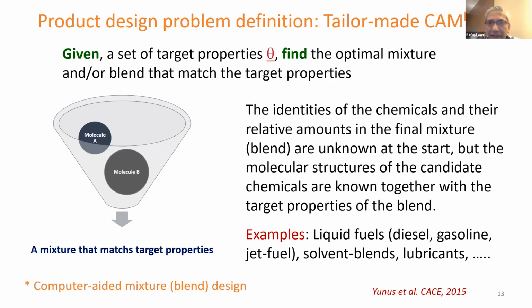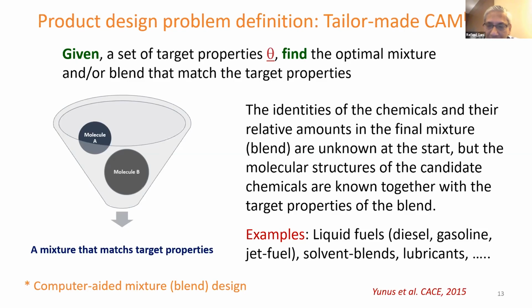Another one is tailor-made blends or fuels. That means we have, let's say, a gasoline. Can we add some extra compounds to it so that it will have the desired special properties of gasoline? Maybe it will run the engine longer, consumption will be less, and therefore environmental impact will be less. So these kinds of problems can be solved.